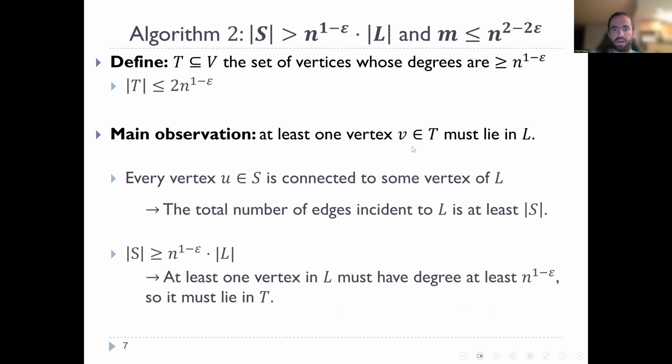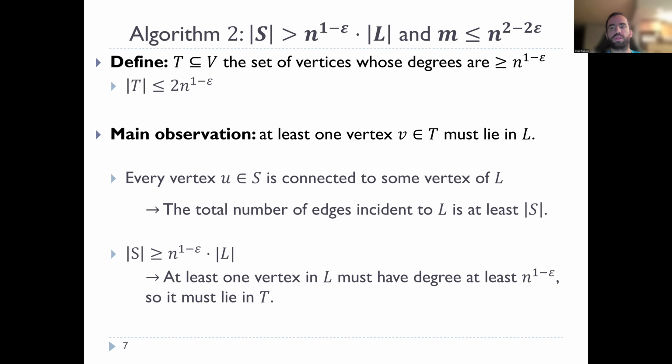Okay. The second algorithm specializes in the case where S might be big, but the graph is not too dense. So as you can see, m is smaller than n^(2-2epsilon). In this case, we're going to define the set of terminals as all of the vertices whose degrees are more than n^(1-epsilon).